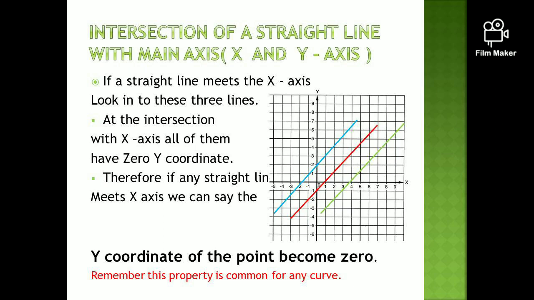The green line meets at (4, 0). So whatever the line, when it meets the x-axis, we can understand that there is a common property. The common property is that the y coordinate becomes 0. Therefore, if any straight line meets the x-axis, we can say the y coordinate becomes 0 at that specific point.